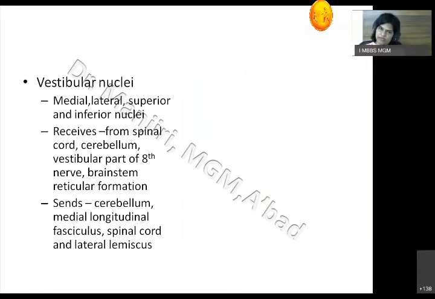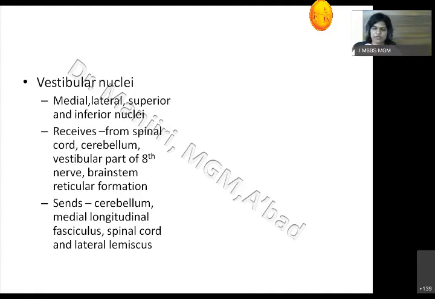There is the eighth nerve nuclei called the vestibular nuclei. They are a collection of 4 types of nuclei: medial, lateral, superior, and inferior. Now they receive fibers from the spinal cord, cerebellum, vestibular part of the eighth nerve, and brainstem reticular formation. And from here, the information is sent to the cerebellum and the medial longitudinal fasciculus.